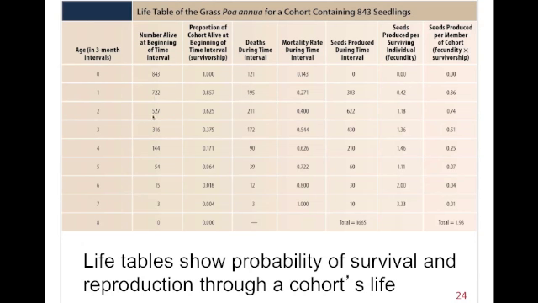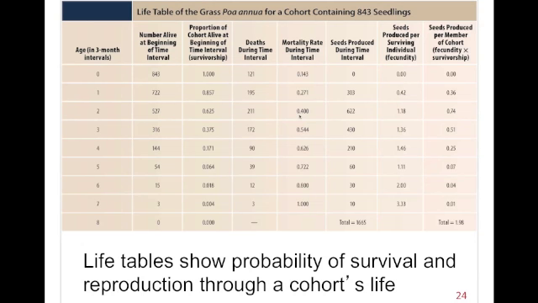At time interval 2, there's 527 remaining, etc. So you can use this information basically at time 2, for example, 527 out of 843 is 62.5% surviving. And that means you can estimate how many die, so you know your mortality rate as well.